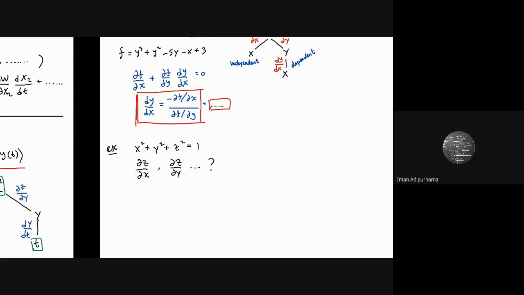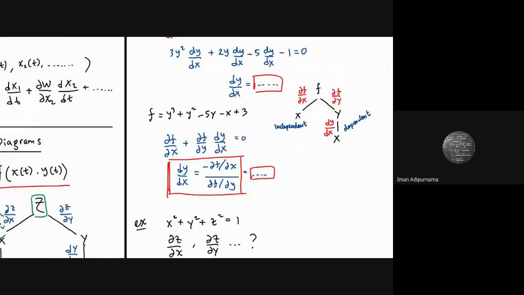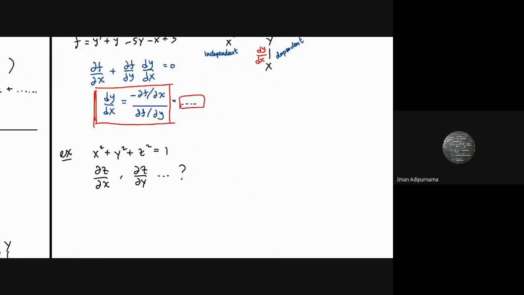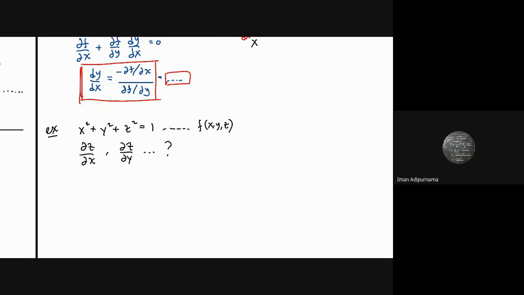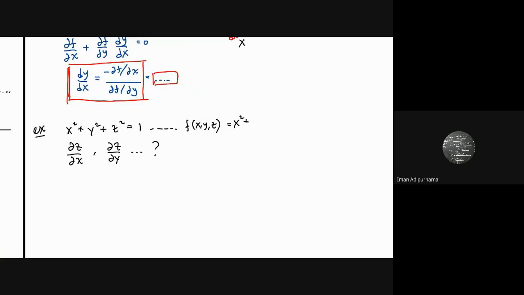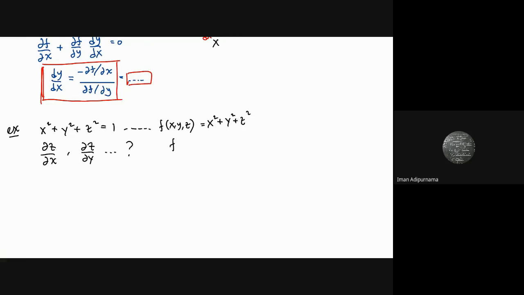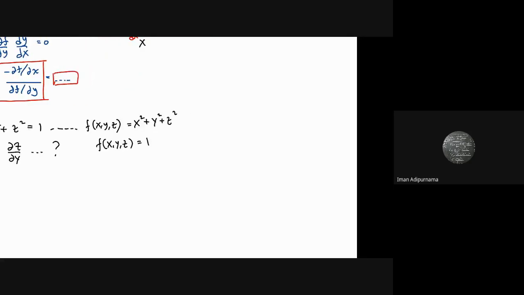Same thing as this f here, we can also make this function just f, and we can write the diagram: f and then x, y, z.